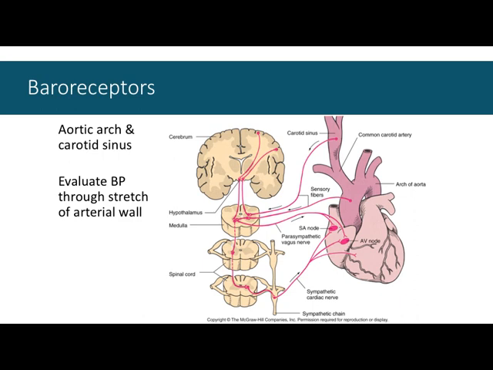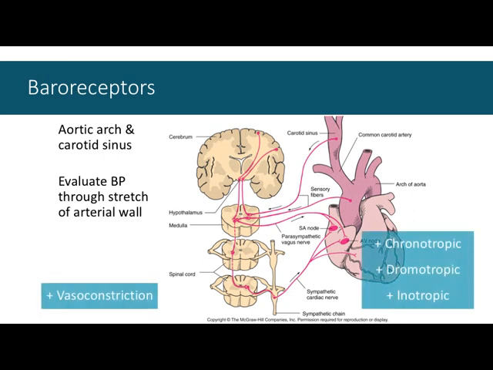Some reflex sends effector signals down the spinal column to the AV node and the SA node, to arterioles and veins that are not shown on this figure. Overall, if we have a drop in blood pressure, we act to activate all of these effectors.